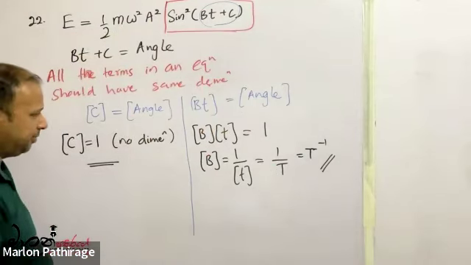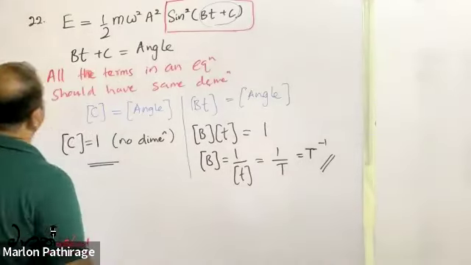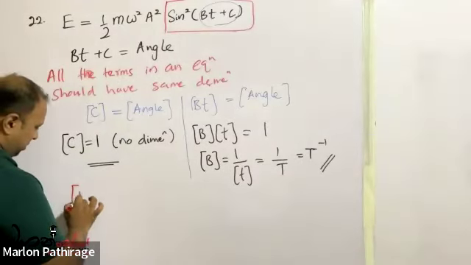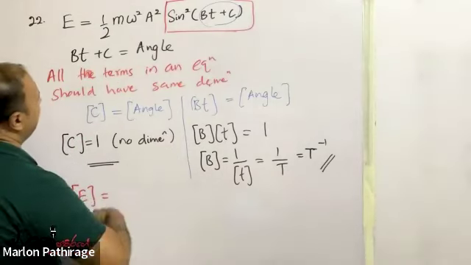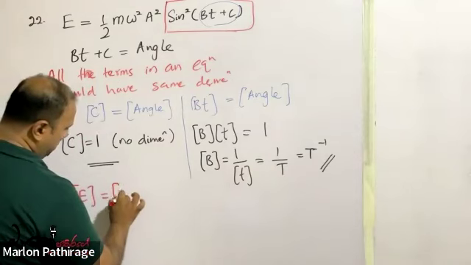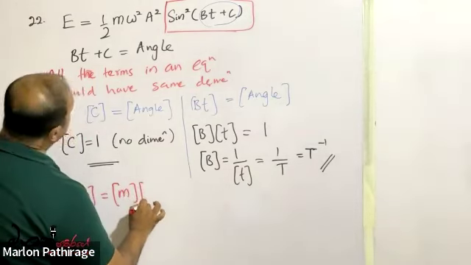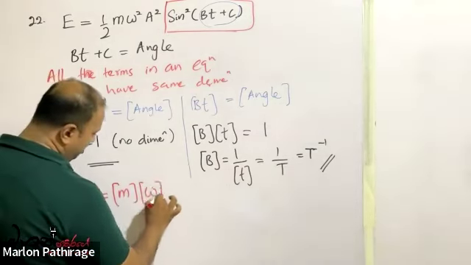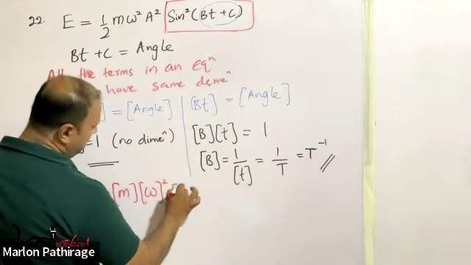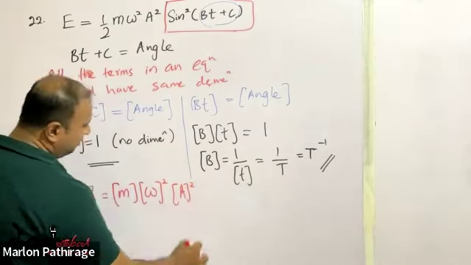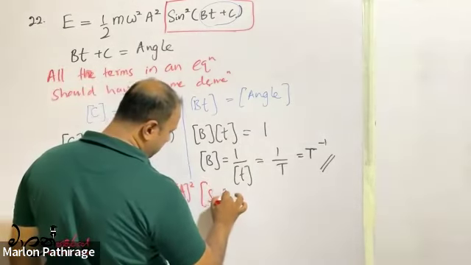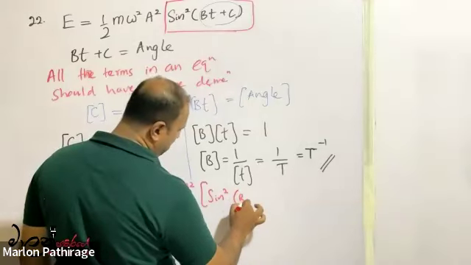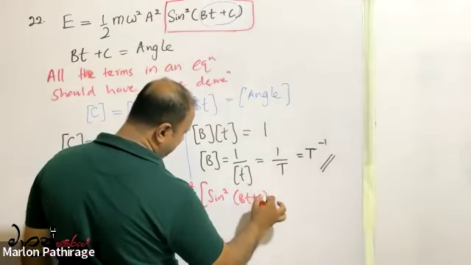The dimension of E is equal to half, dimension of M into dimension of omega squared, dimension of A squared, dimension of sine squared, Bt plus C.